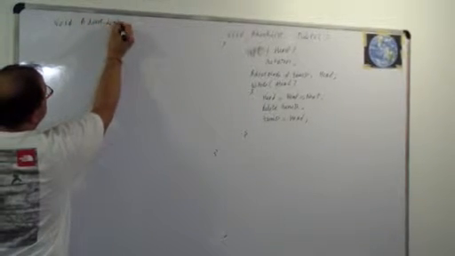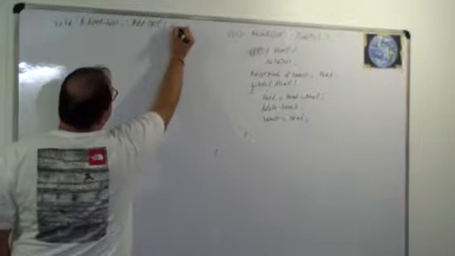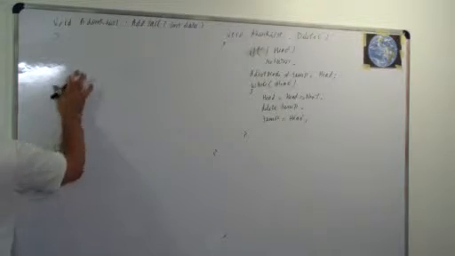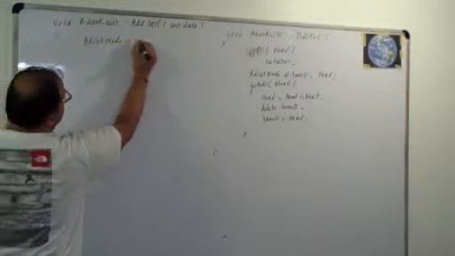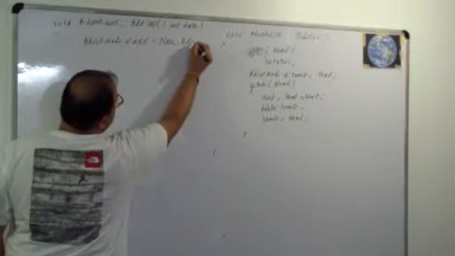Link list, colon, add tail, integer data. A list node star add is equal to new a list node.